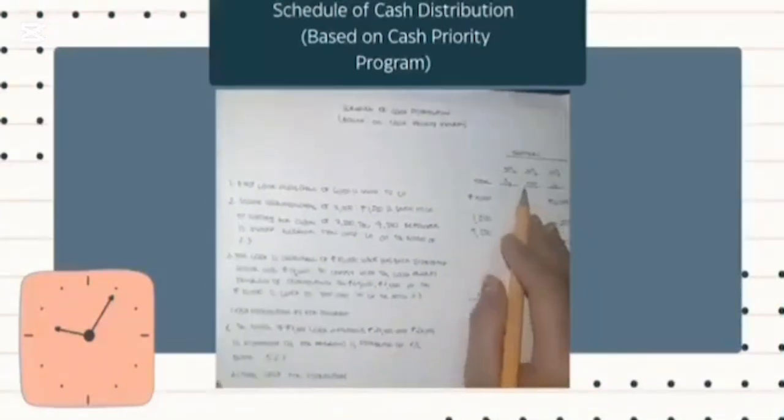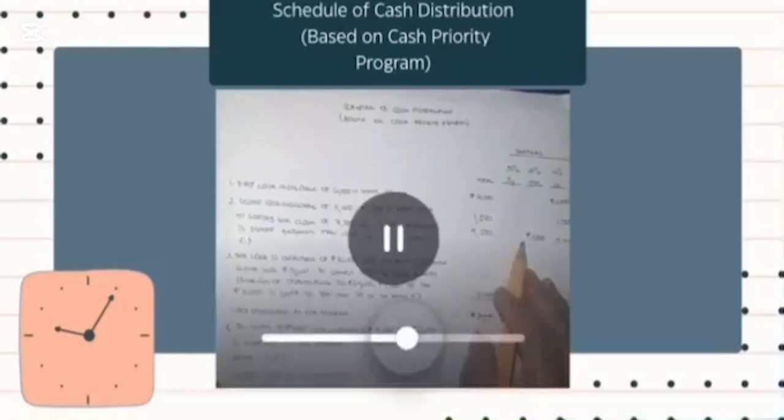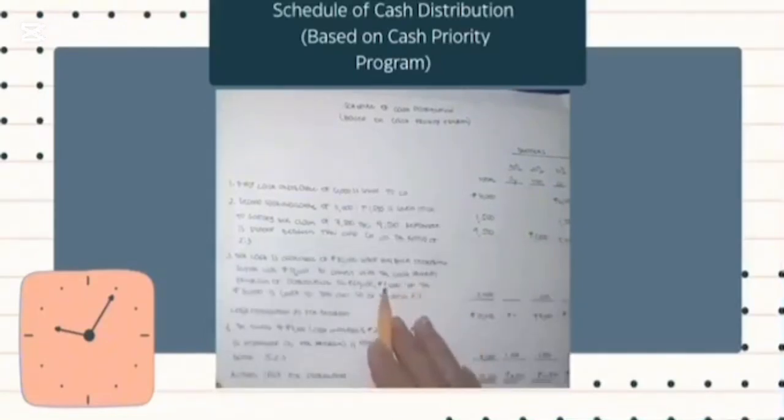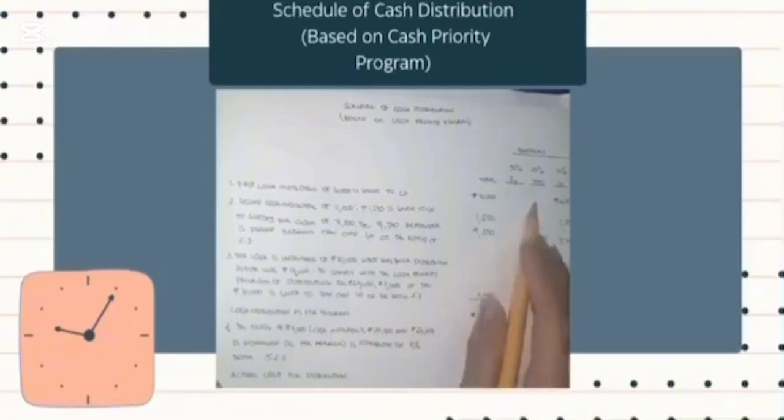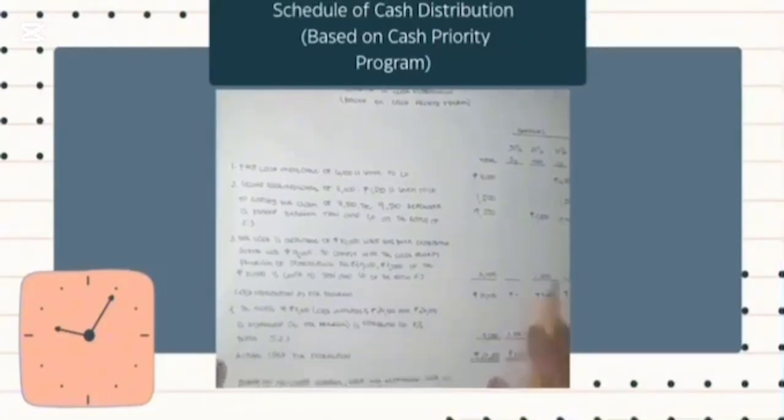So Tan gets 2/5 multiplied by 3,000, and the result is 1,200. And Co gets 3/5 multiplied by 3,000, and the result is 1,800.